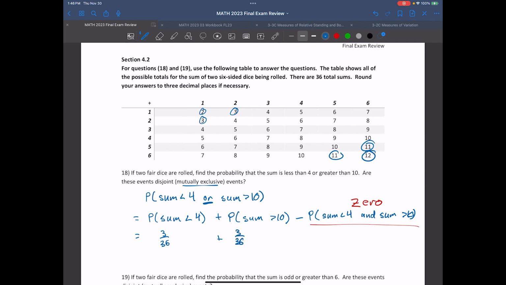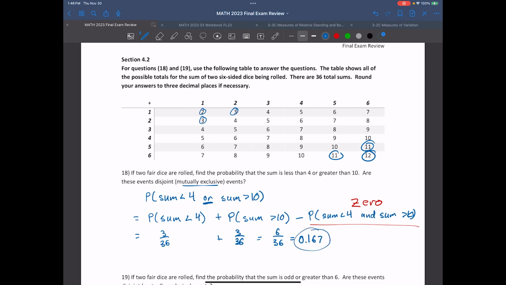So if you compute these, you can just add the fractions, or you could go ahead and just convert them to decimals. If you added the fractions, it would be 6 out of 36. And 6 divided by 36 is 0.167. Again, you could have also just done 3 divided by 36 and then added 3 divided by 36 independently.